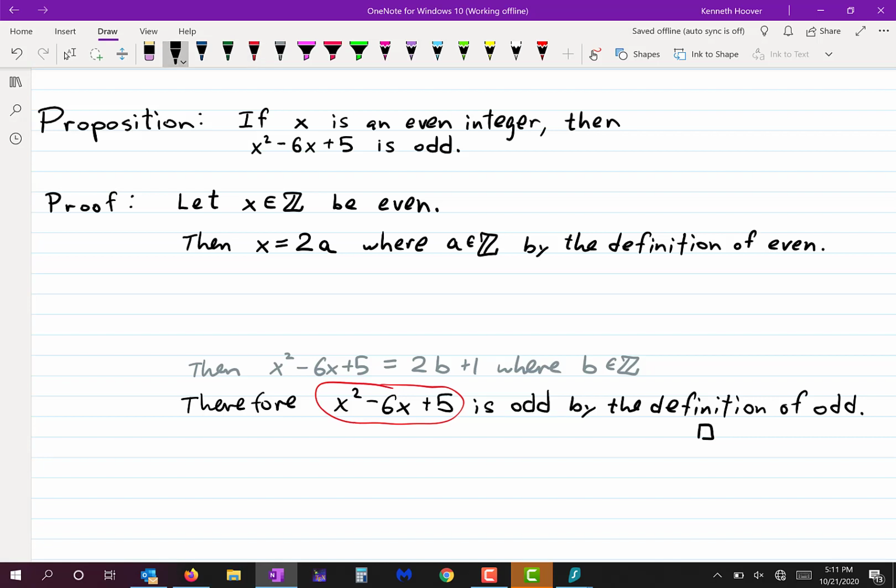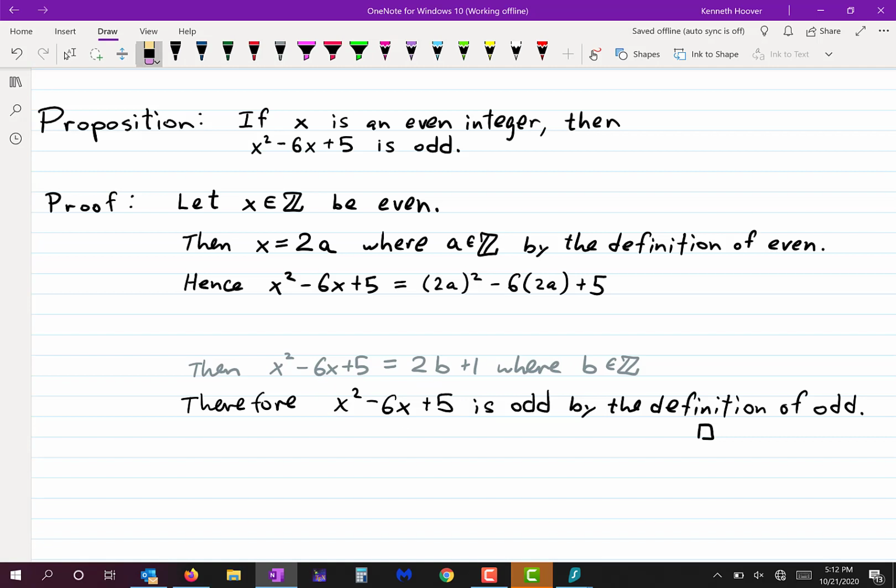Okay, well, I can do that, right? Because if x is 2a, then I can say something very important about x squared minus 6x plus 5. Can't I say what that would be? It would be 2a squared minus 6 times 2a plus 5, right?